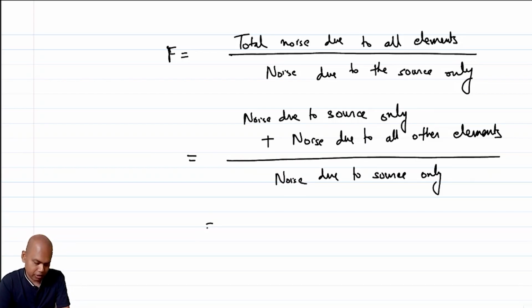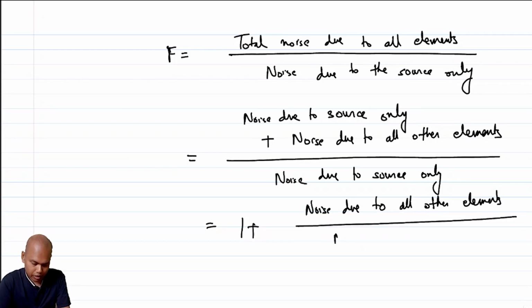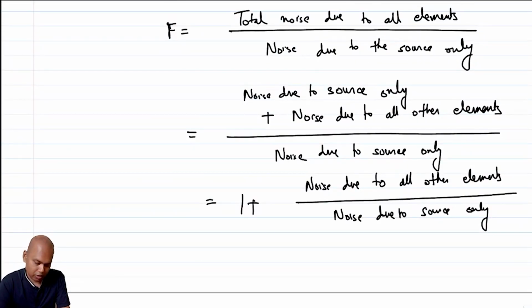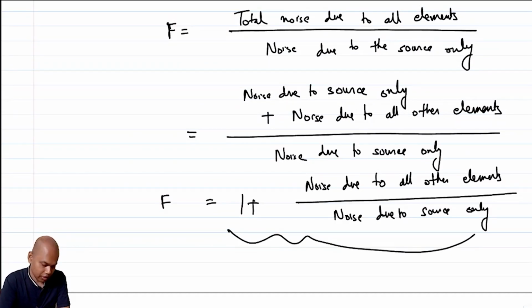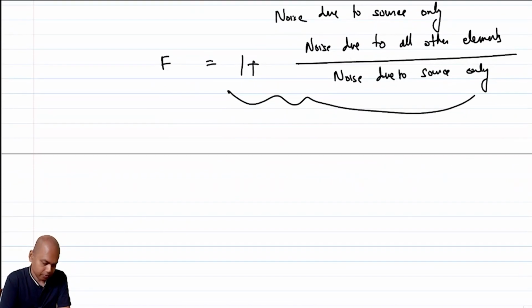This is 1 plus the noise due to all other elements divided by the noise due to source only. This definition, F, is the noise factor.